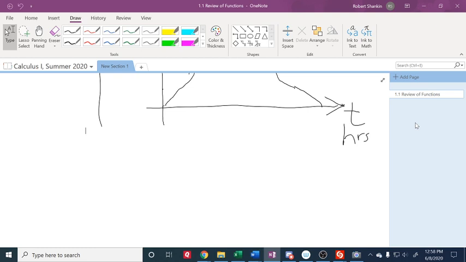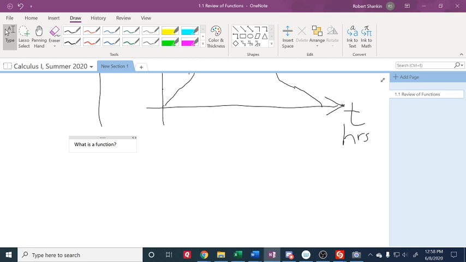So the first question we have is, what is a function? I'm going to ask this question in this context, and I'm going to have each group discuss this.